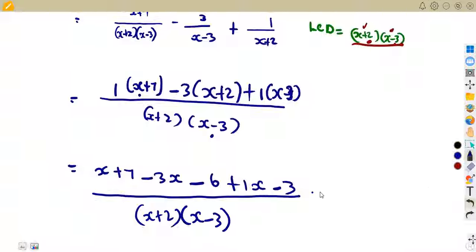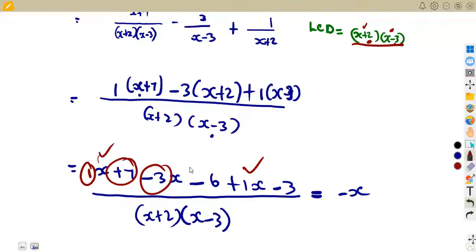Just like the previous part, we've got the same expression that we had previously before we collected like terms. Collecting our like terms, 1x plus 1x is 2x, minus 3x, which is minus x. Then the constants, 7 minus 6 is 1, and 1 minus 3 is minus 2.